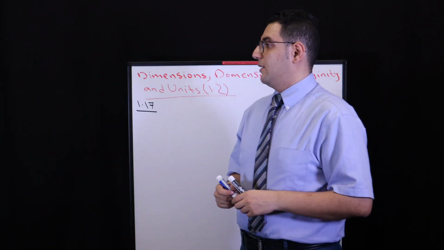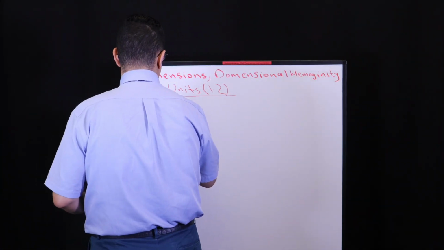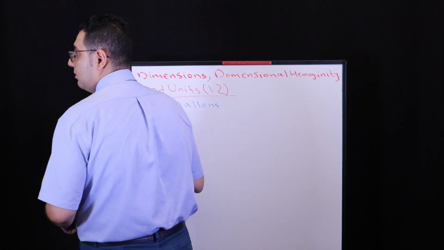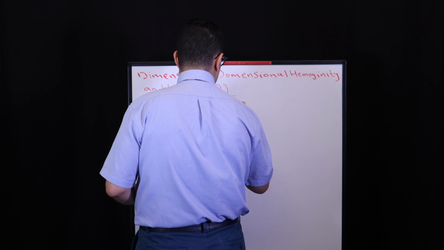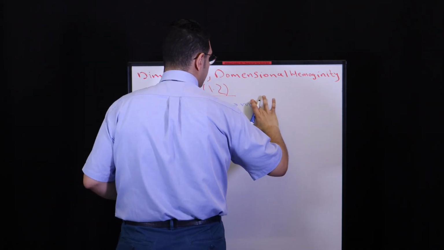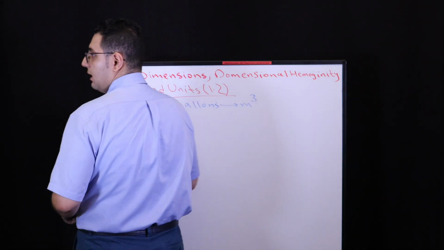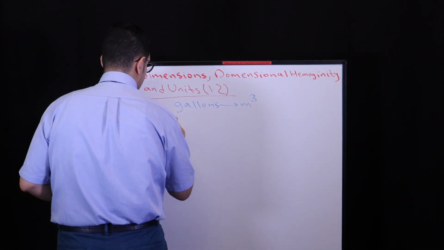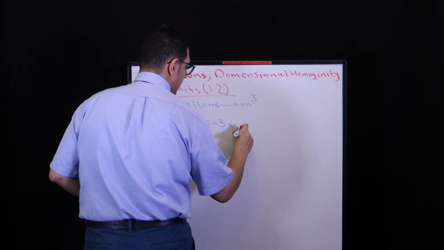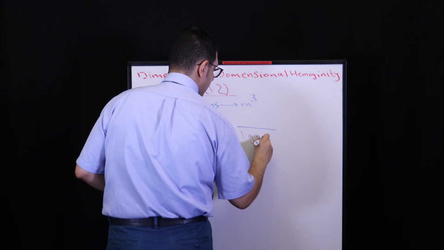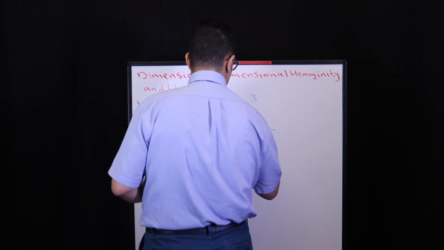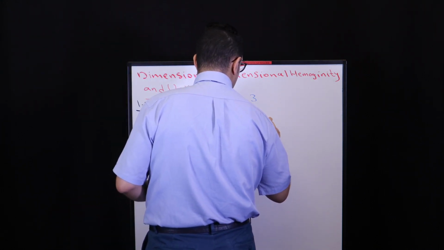The second one is the unit conversion of gallons to cubic meter. 15 gallons, according to a stoichiometric relation, each gallon is 3.785 liters.